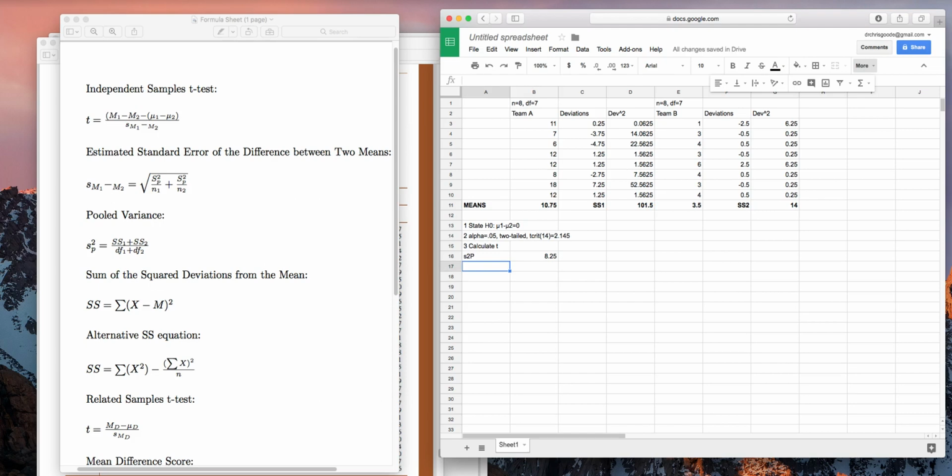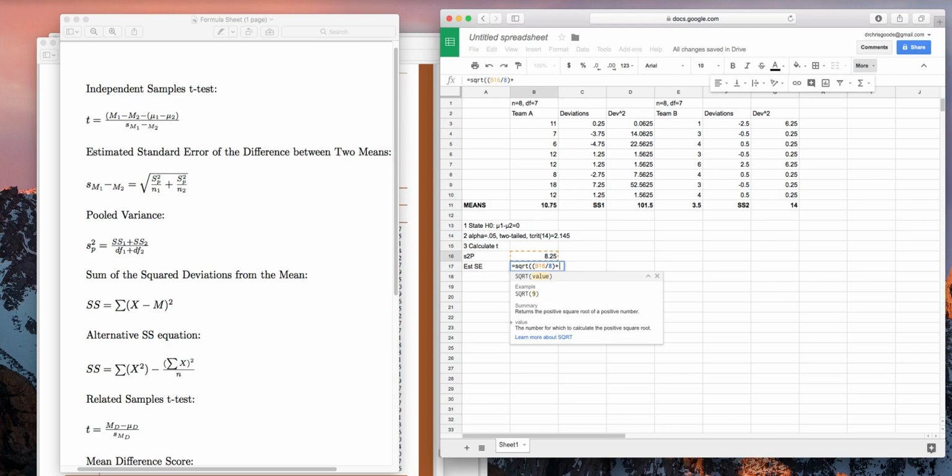So now we can do the estimated standard error, which is S sub M1 minus M2, and that's going to be equal to the square root of this quantity. First, it's the pooled variance over N1, which is 8. Don't get N's and degrees of freedom confused.